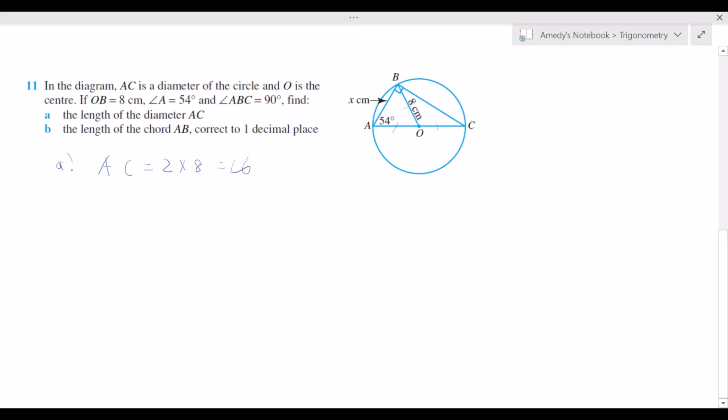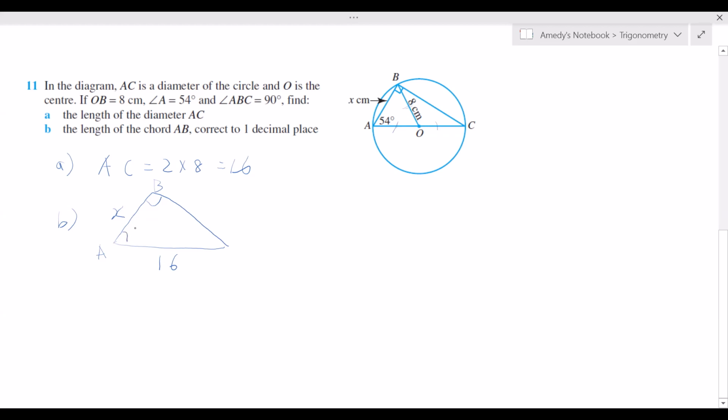Got it? Now B, the length of the chord AB. They even label X for you. Great, thank you. So now, I hope you can see the triangle. If the lines are too confusing for you, you can redraw it. AB is X that we're looking for, and the answer to A normally helps you to continue with B. See, we have redrawn the diagram.